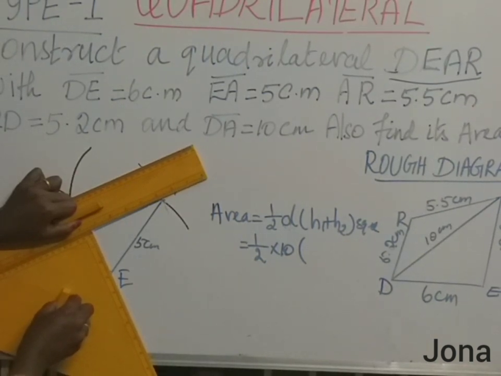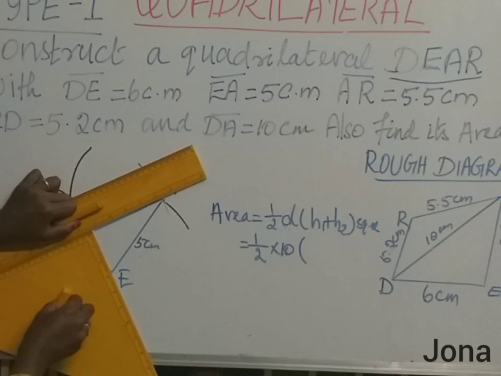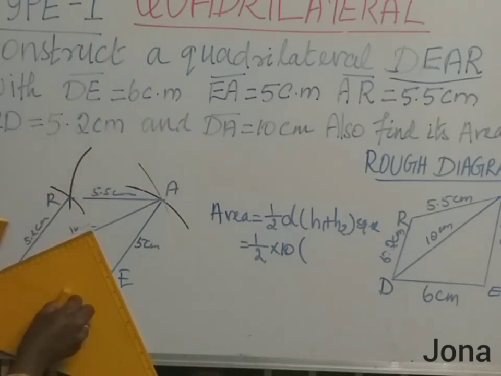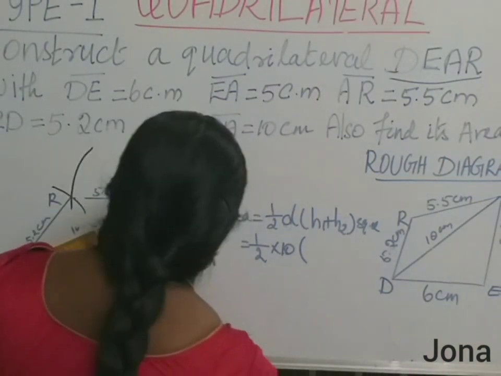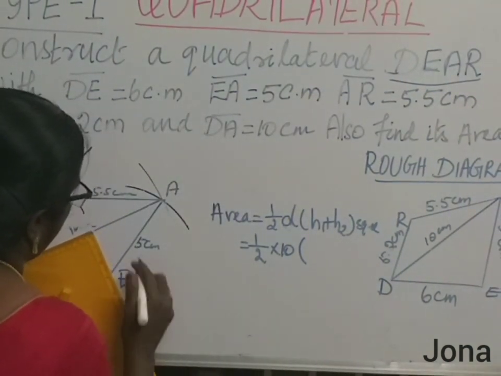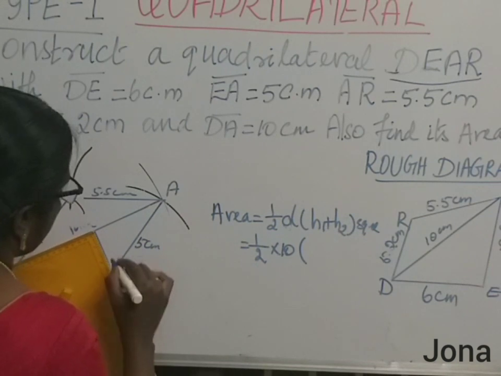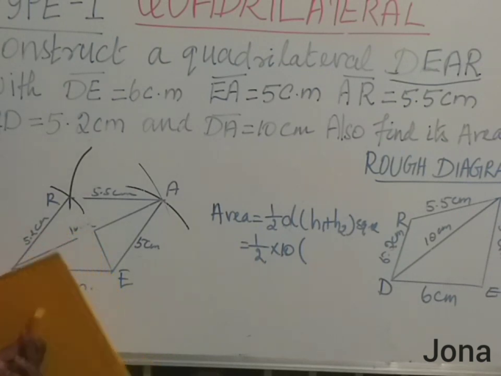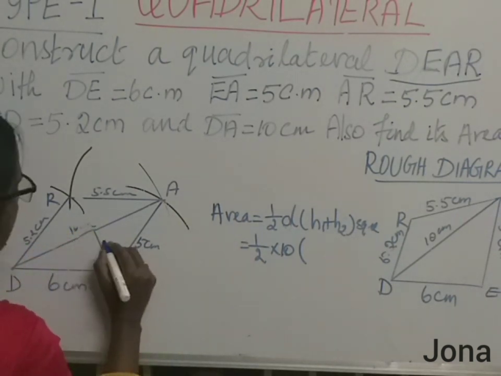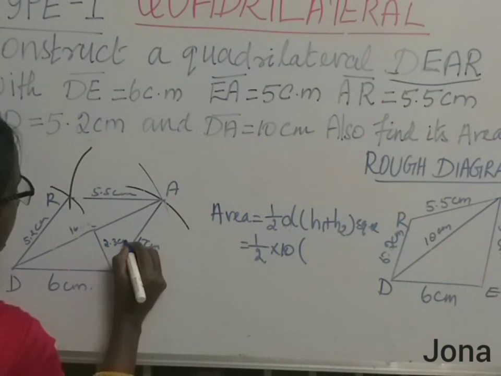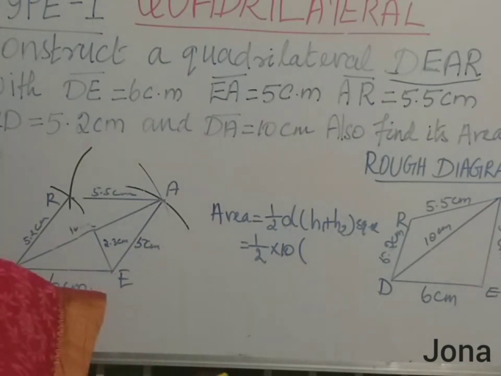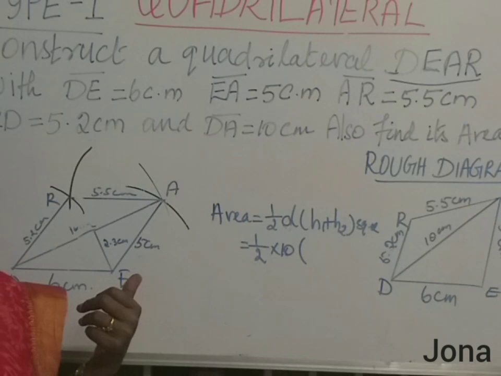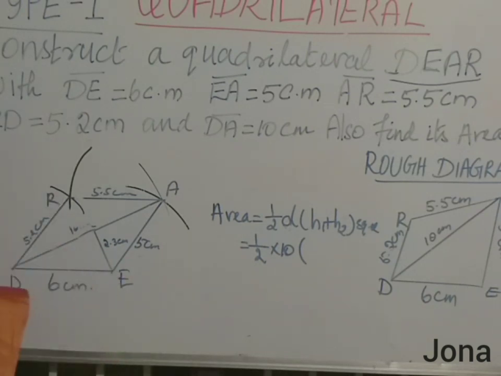So at vertex E, it meets at some point there. So this is the required perpendicular line. This is H1. We can measure this by the scale. So this is 2.3 centimeter. Now I found only one height here, so I want to find another height also.